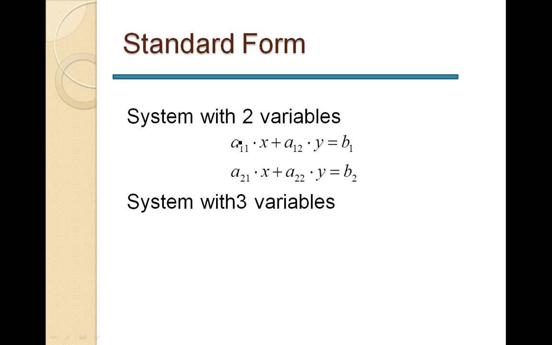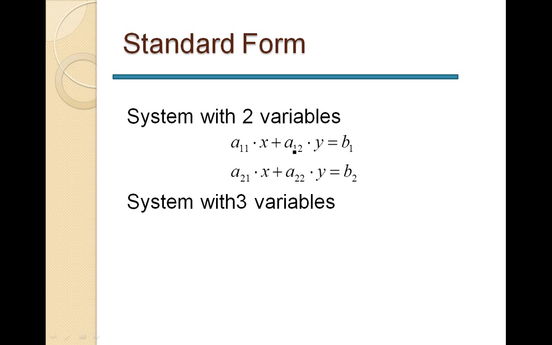It's these parts here, a11, a12, and a21 and a22 are called coefficients, and they have these indices. It's not important actually for you right now to understand this, but I will tell you the first index means which equation this is, and actually this is the first equation.